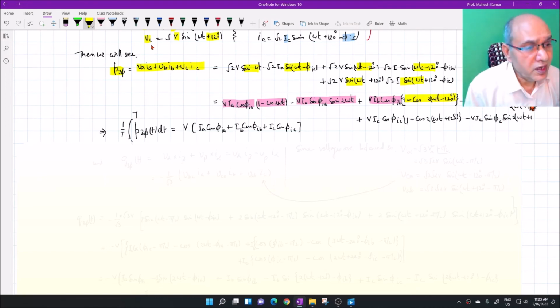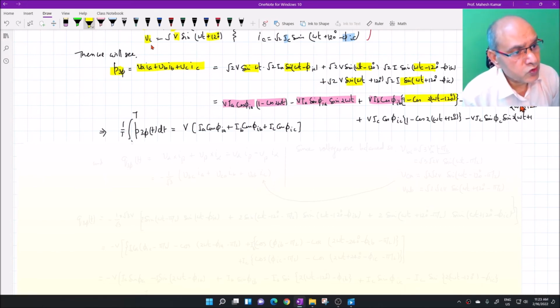plus 120 degrees, if we expand the value, because minus 240 becomes plus 120, they are the same. Similarly for the third phase, this is VIC cos phi IC times 1 minus cos, and this is the sin 2 omega t term. Here 2 omega t plus 120 degrees becomes minus 120.